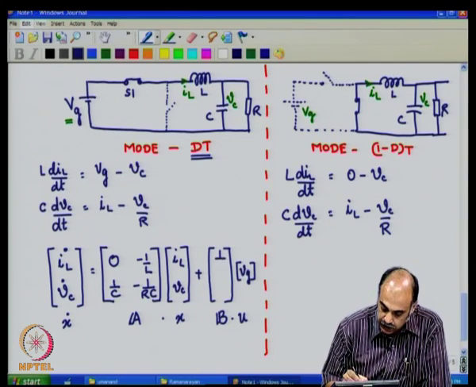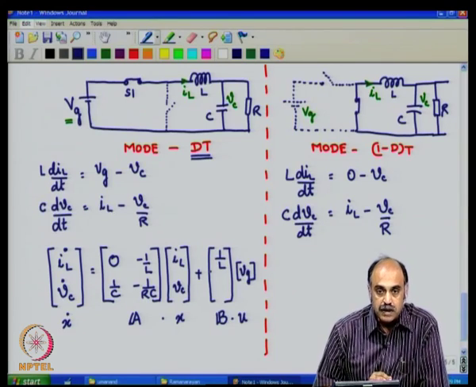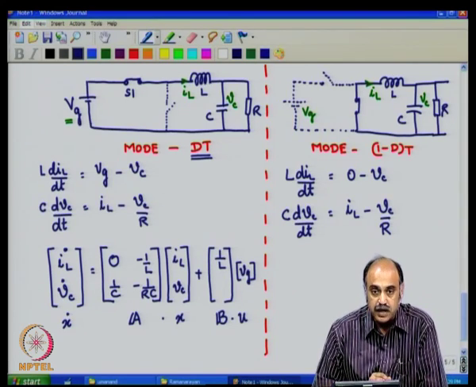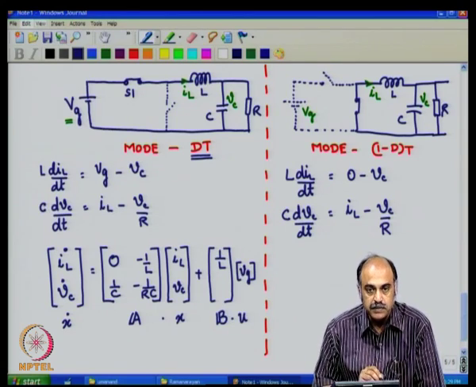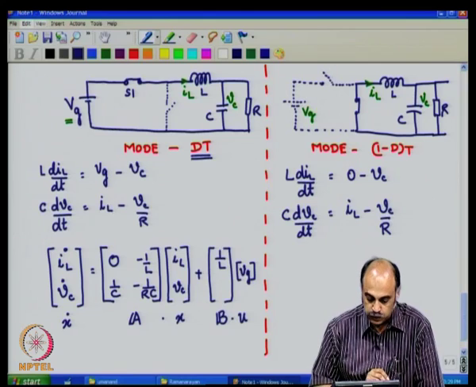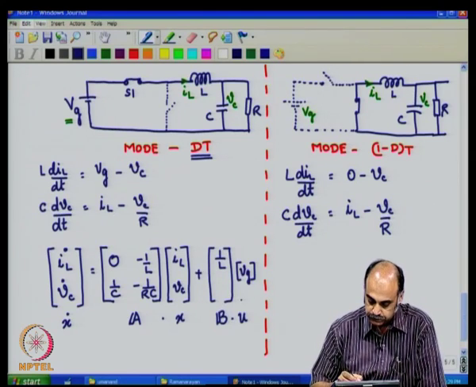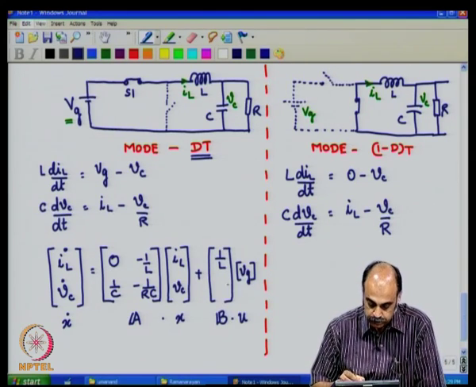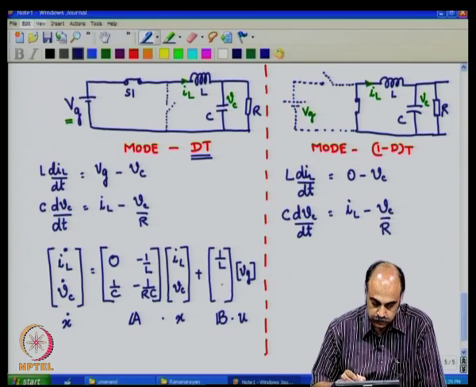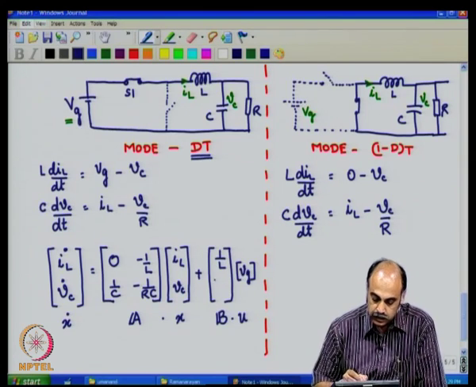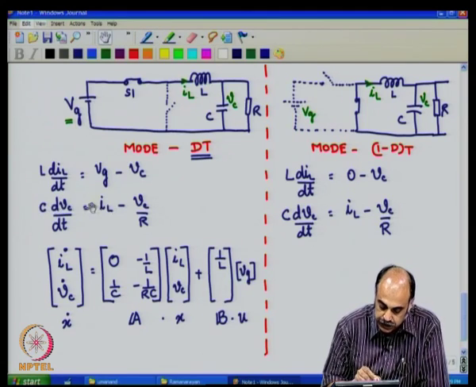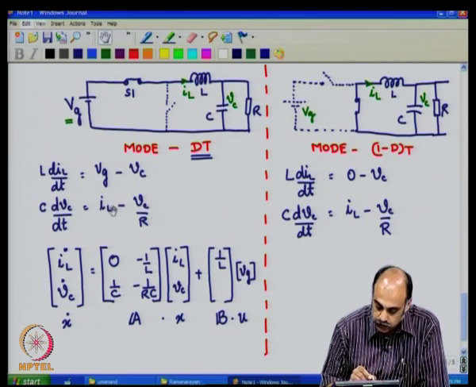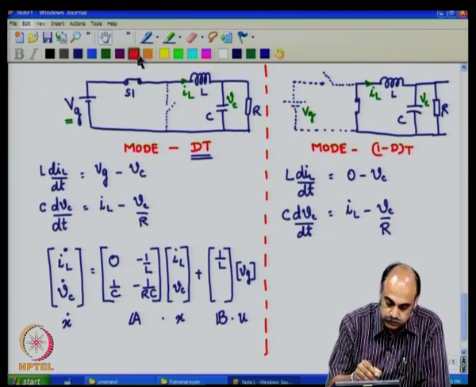The B matrix, again looking back into the two equations, you have the coefficient of Vg, which is 1 by L. So, some amount of steps I am skipping, doing it mentally, but you need not actually skip these steps, you can write them down, but with experience I think you can do things faster. And the second equation, you see that there is no Vg term, and therefore, this becomes 0.